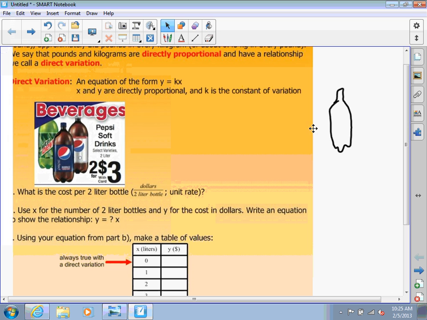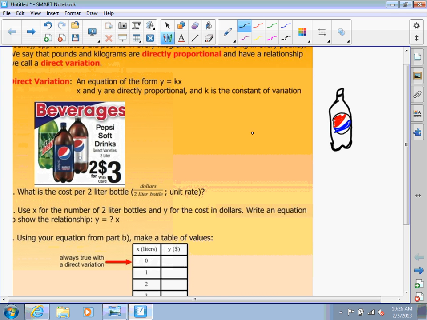Okay, here's my Pepsi. I worked really hard on that. Okay? Here's my Pepsi. All right, there's my Pepsi.